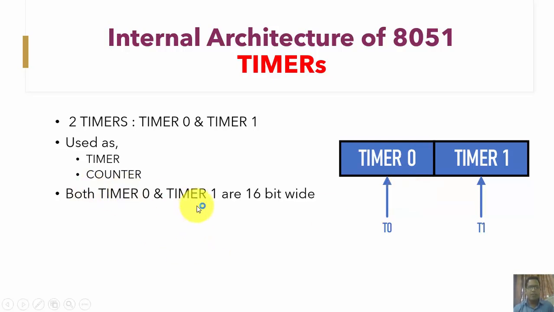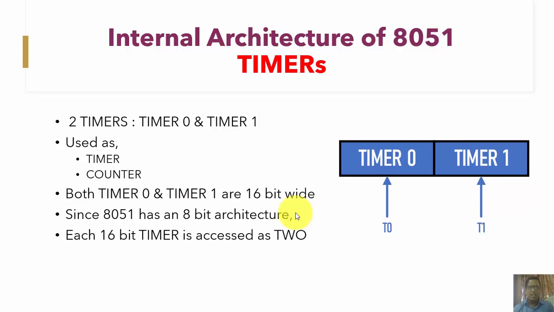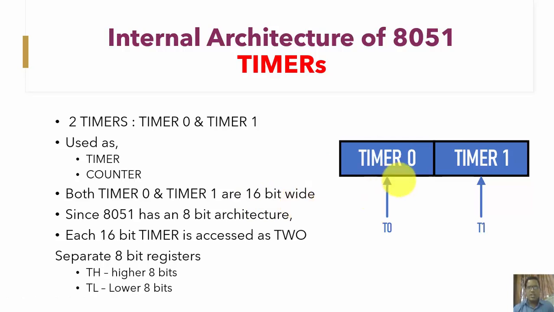Both timer 0 and timer 1 are basically 16-bit wide registers, and as 8051 has 8-bit architecture, these two 16-bit registers can be used as two separate 8-bit registers. For example, if I focus on timer 0, then this timer 0 is 16-bit wide, and as per our requirement we can use this 16-bit timer as two different 8-bit registers.